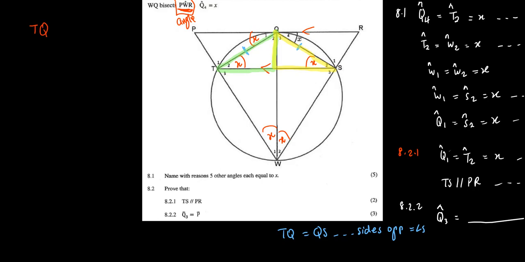TQ is equal to QS. This one we proved it, right? Angle T2 is equal to angle S2, right? Also we proved. Then we say we don't even have this letter. If we put K there, we would say QK is common. But that angle is not in the middle. Do you see it?